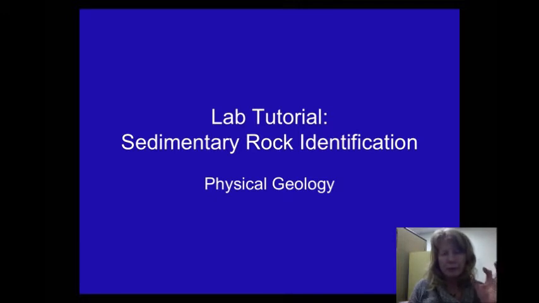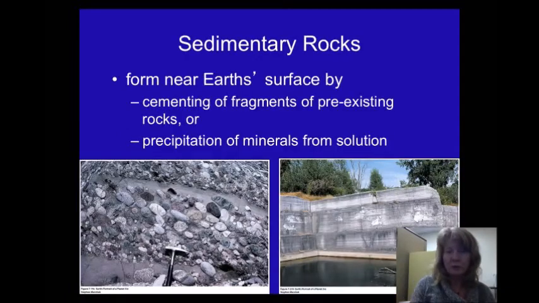For example, the glass plate will be helpful when you're trying to determine the hardness of some of the rocks. Your hand lens might be helpful to get a close-up look, for example when trying to determine sediment size. And also your little vial of hydrochloric acid will be useful if you are trying to determine if any of your rocks have the composition of calcium carbonate.